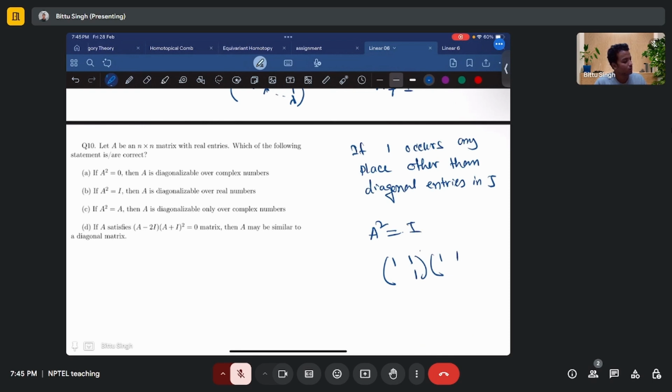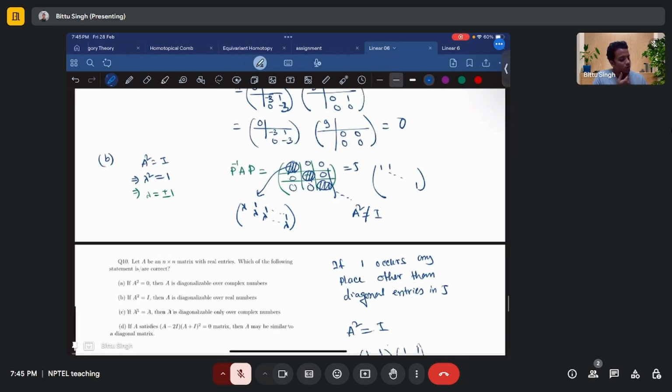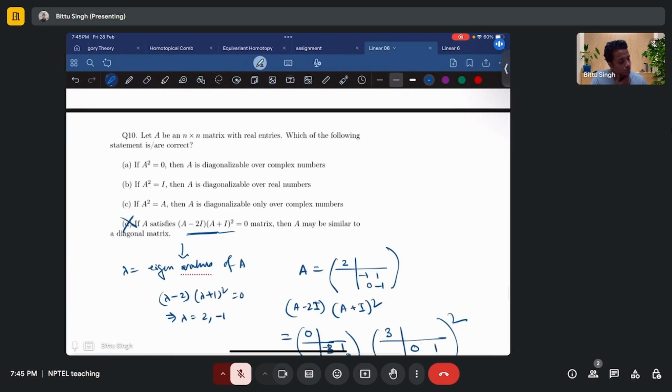Sorry, just multiply those two things. This is 1 0, but this is 2 1. That is the problem. It cannot be the same as identity. So this is actually true. Only identity is the possible Jordan form.